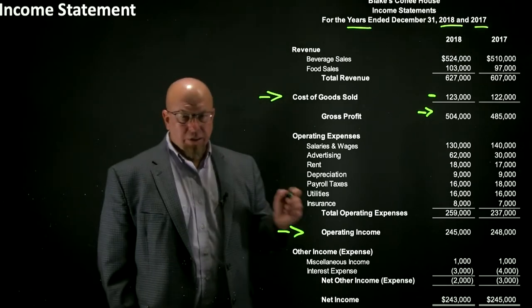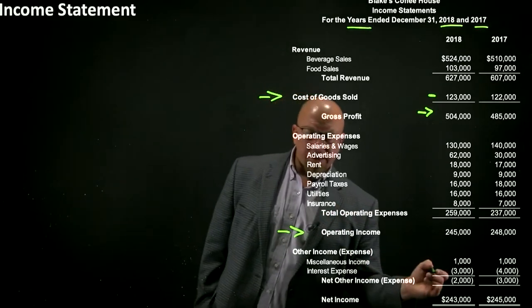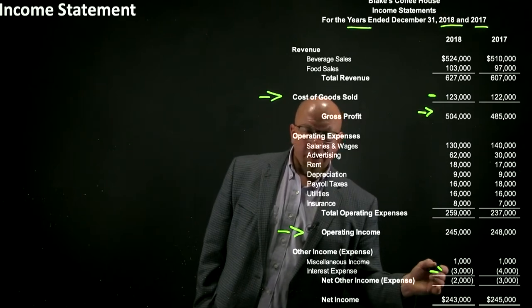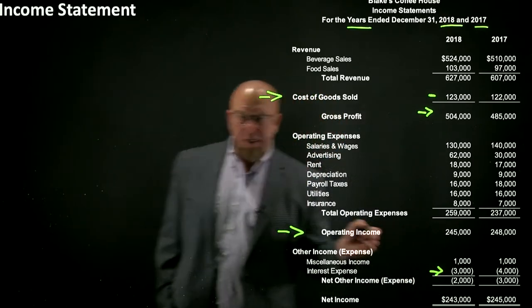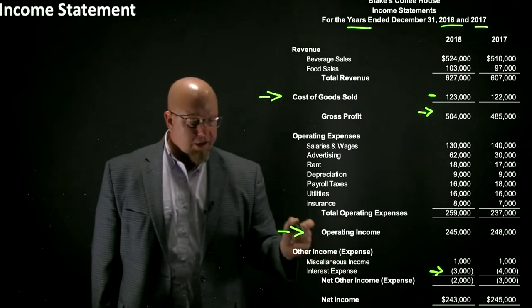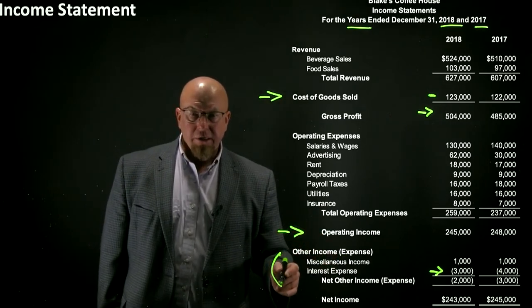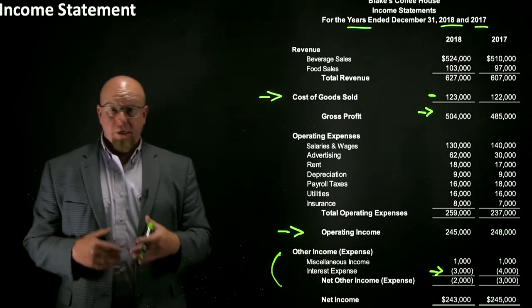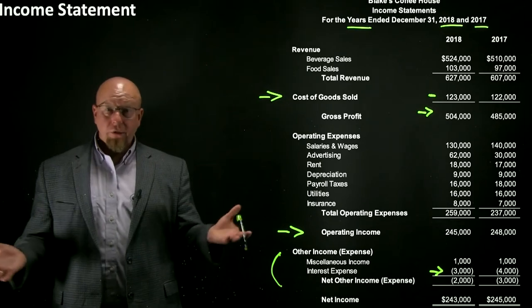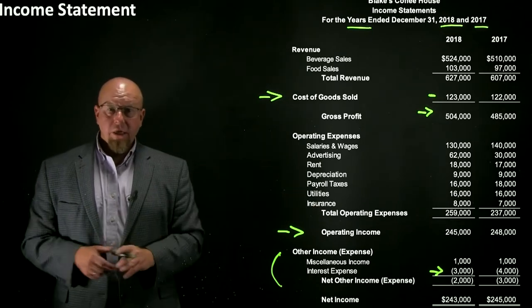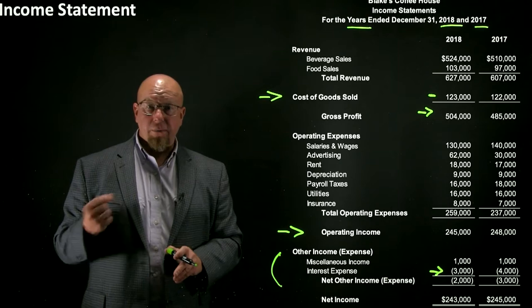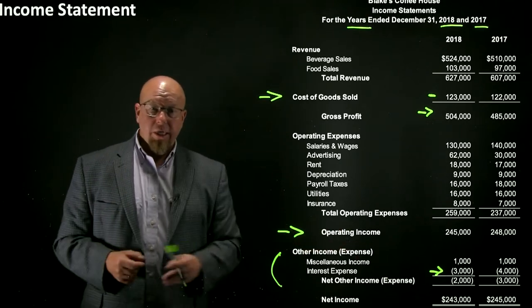And that's where we do get a little bit, these parentheses mean that this is a negative item. And the reason we're putting parentheses there is simply because everything in this category could go either way. It could be something that causes income to be larger, like miscellaneous income, or it could be something that makes our net profit smaller, like interest expense.